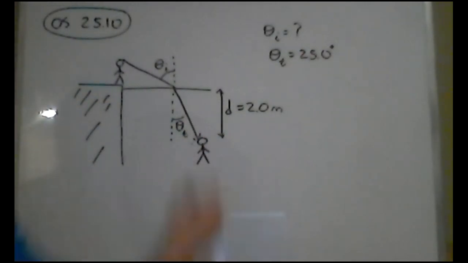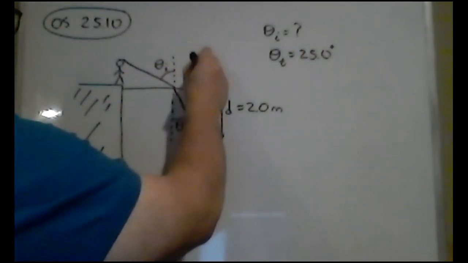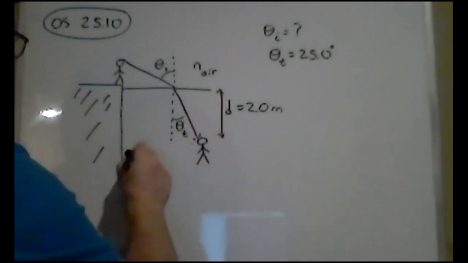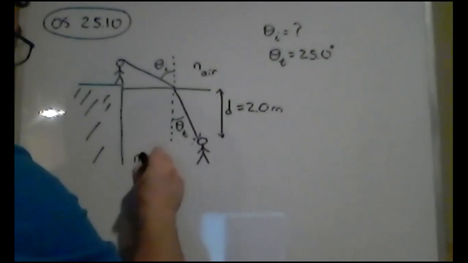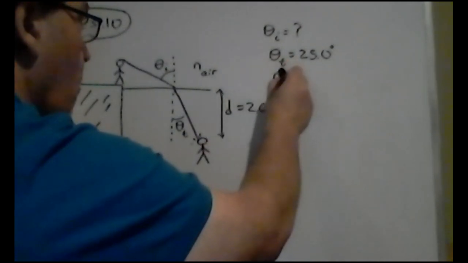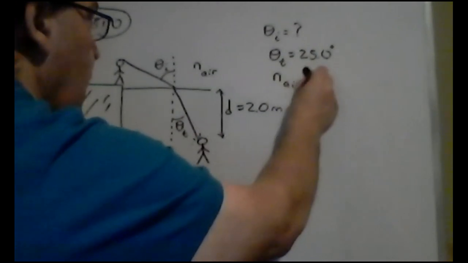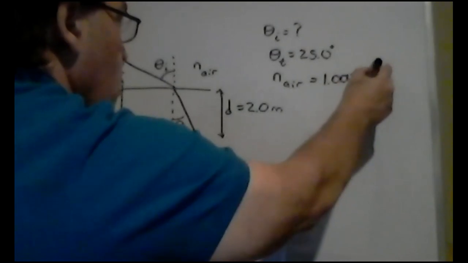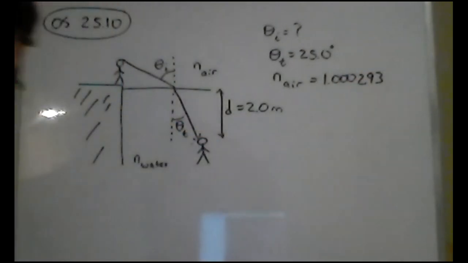We know the index of refraction of air. This is air, it'll be given by n air, and down here is water, n water. n air, look this up, is 1.000293. Again, indices of refraction are unitless.